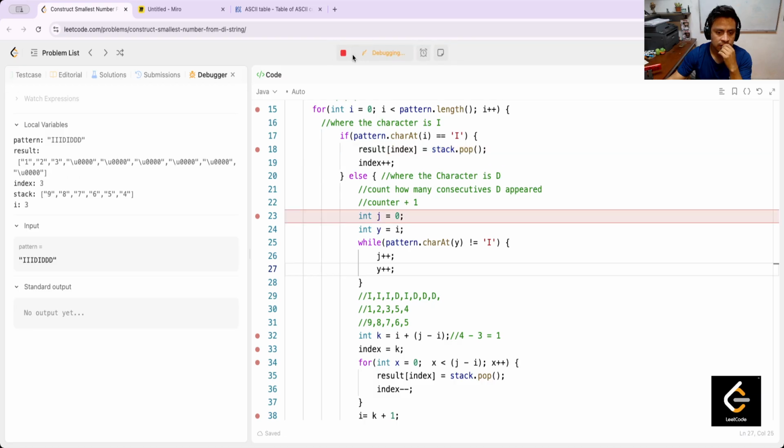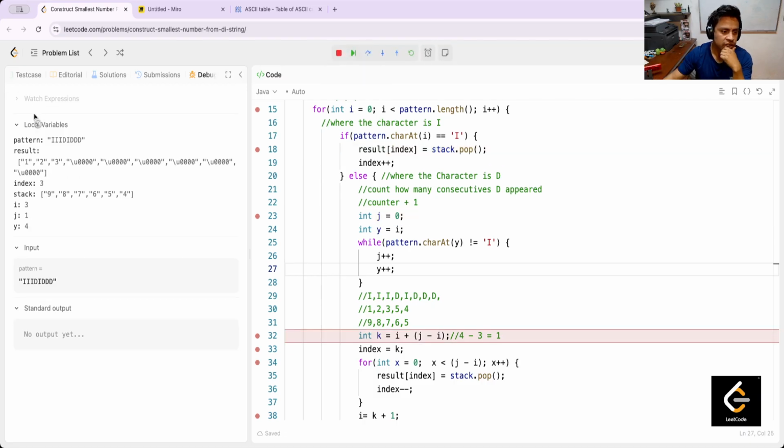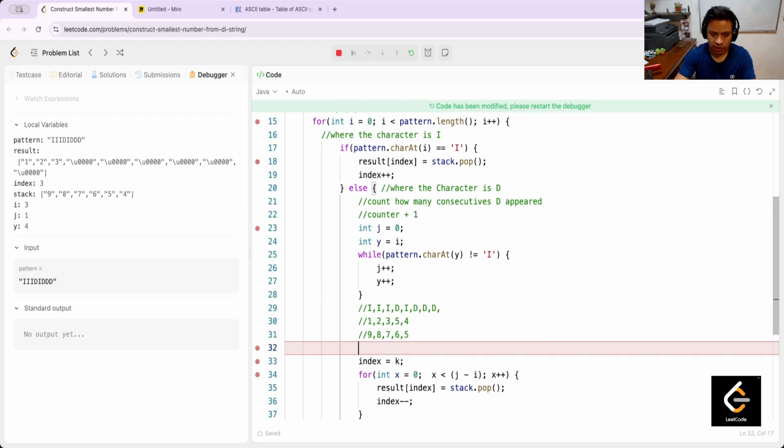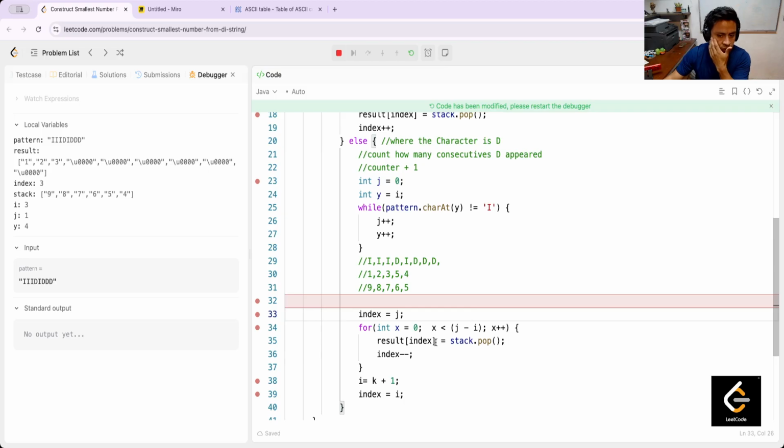Okay. j is equal to 1, j is 4. Okay, I think that here it's enough with j. So j contains the index 4. Here j is 4, less 3 is 1. Okay, this executes only one time.